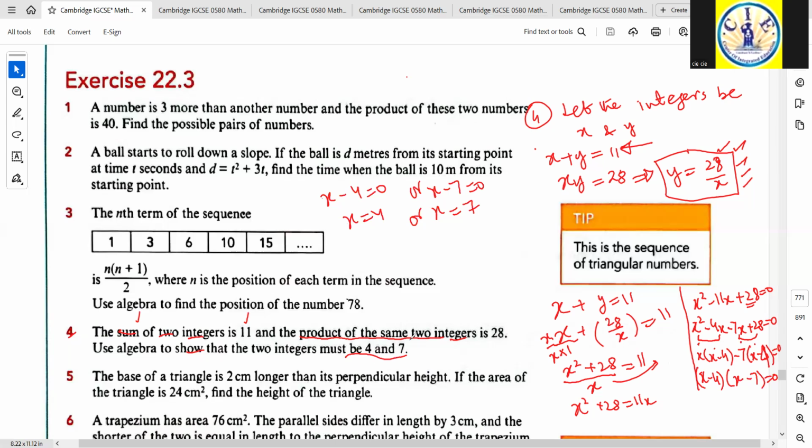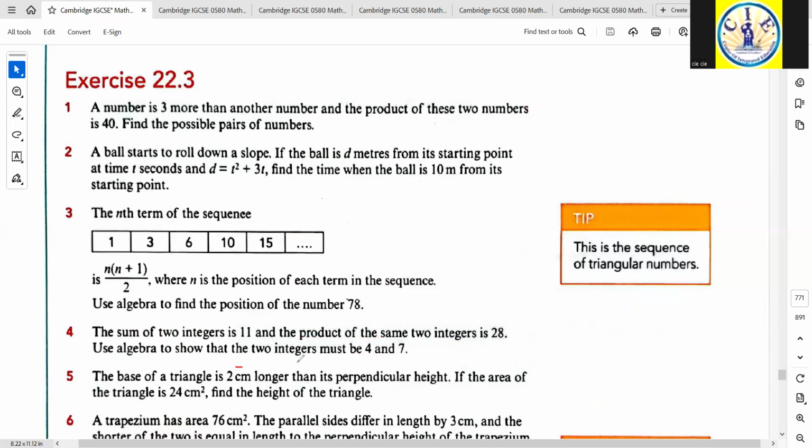Then it is question number 5. The base of a triangle is 2 centimeters longer than its perpendicular height. Let it be something like this. If this is the height and this is the base, its base has been given as a comparison of its height.